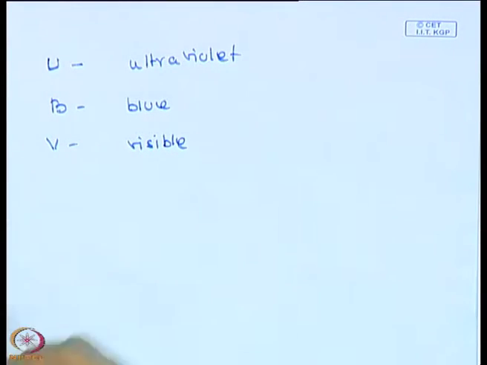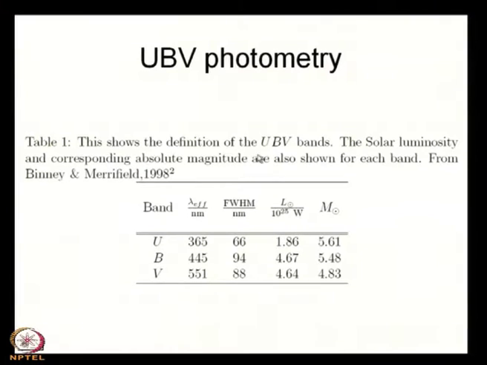So, this is a very standard photometric band system, which are referred to as the UBV bands. And this table here shows you the effective wavelength corresponding to each of these bands.